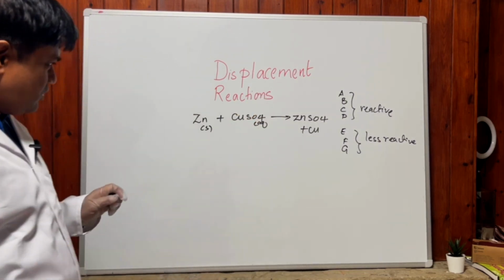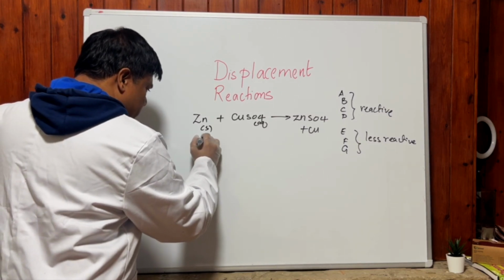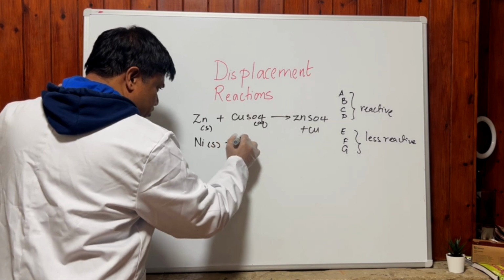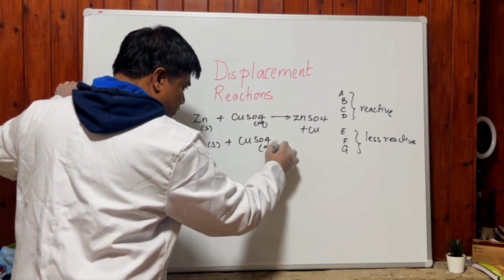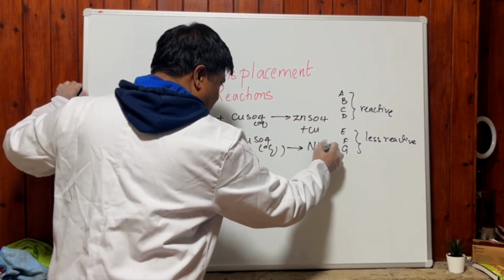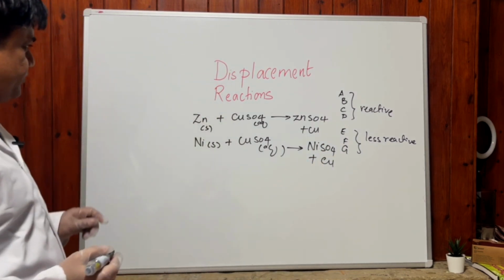I will show you soon. And we have nickel, which is also a reactive metal, solid, displacing copper from its aqueous solution and forming nickel sulfate, NiSO4, plus copper deposited.